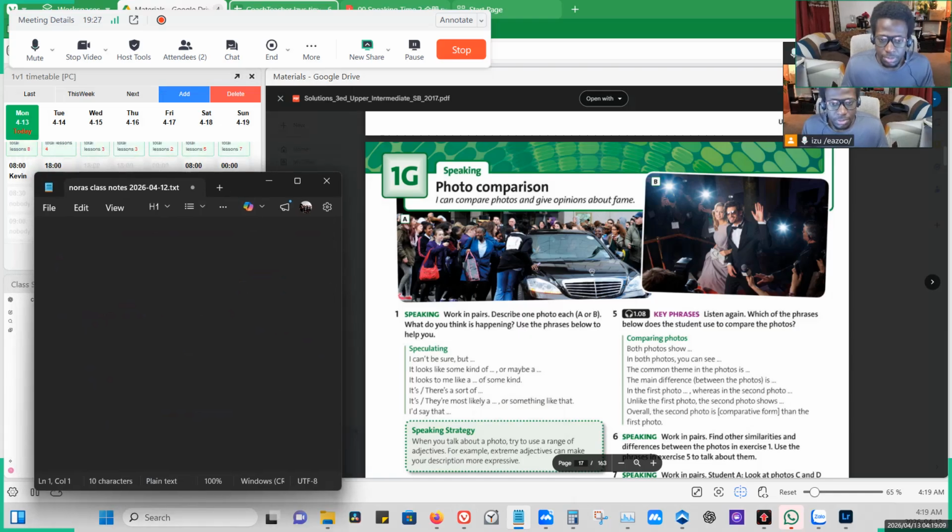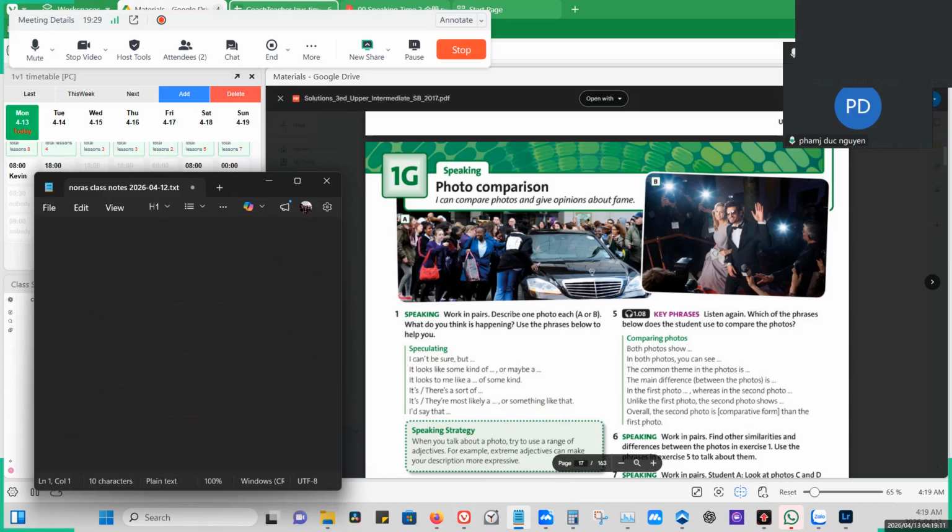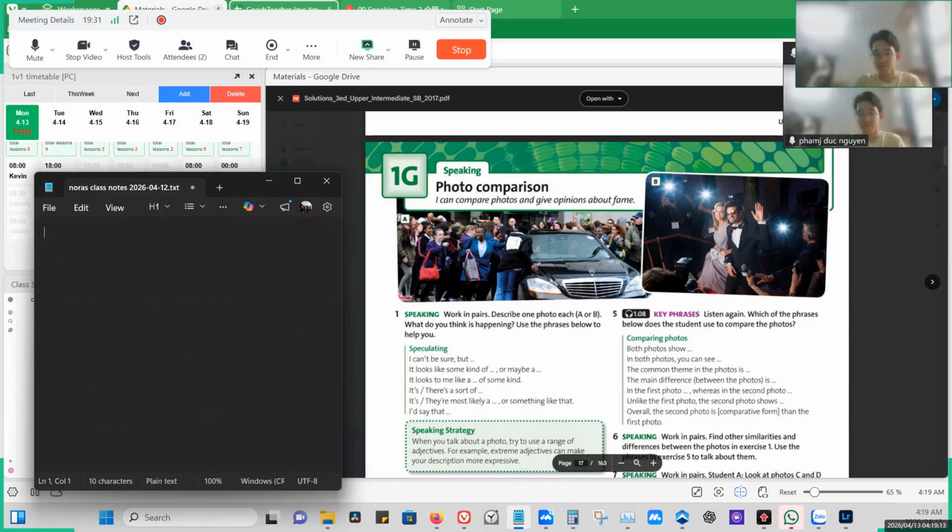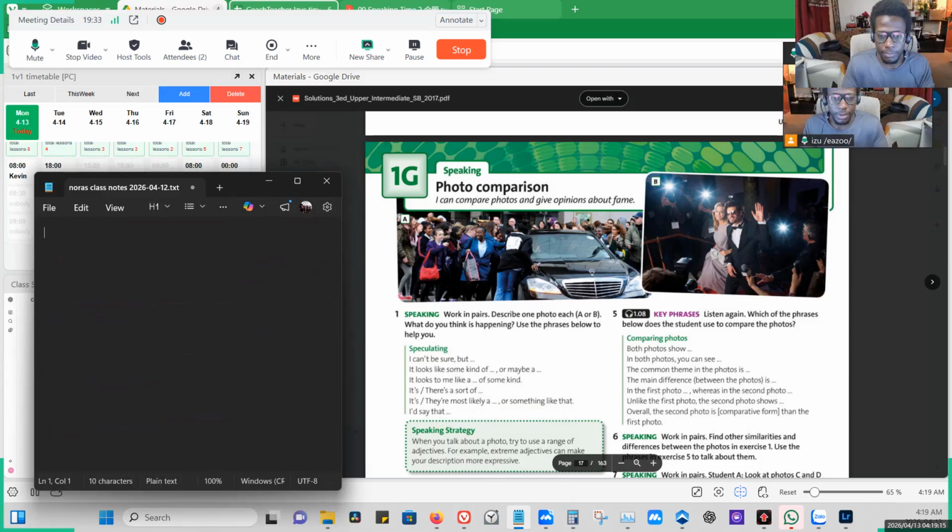I want to ask this first. What is photo comparison? When you compare something, you say that one thing looks like another thing. That's basically comparison.